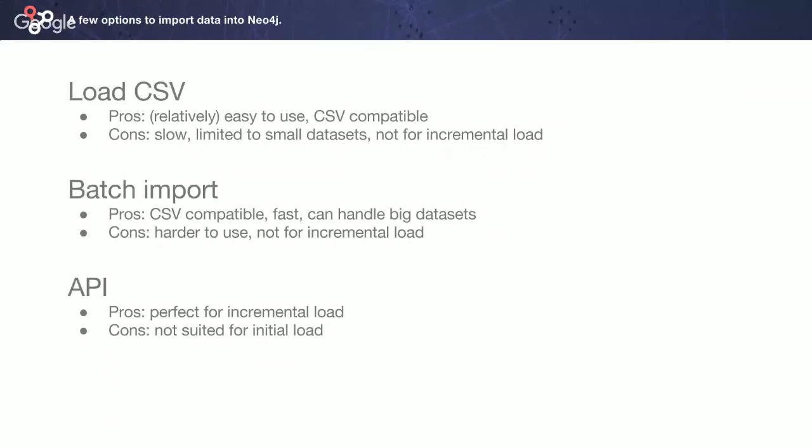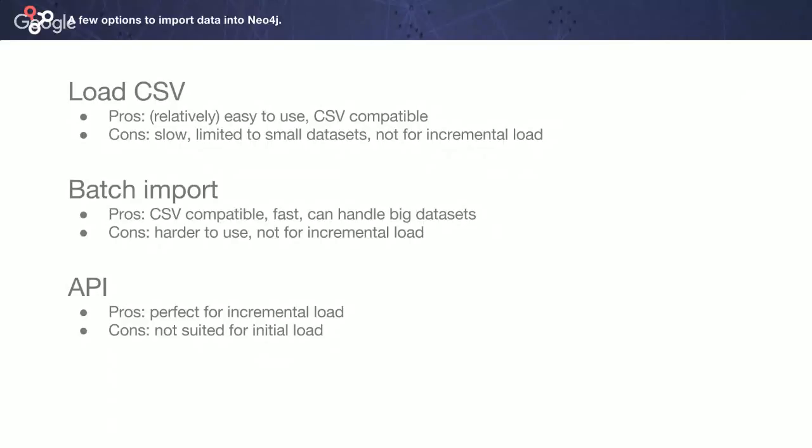Another interesting option is the batch import, also compatible with the CSV format. It's very fast and can handle big data sets. The only drawbacks of using that feature is that it's a bit harder to use than the load CSV option.